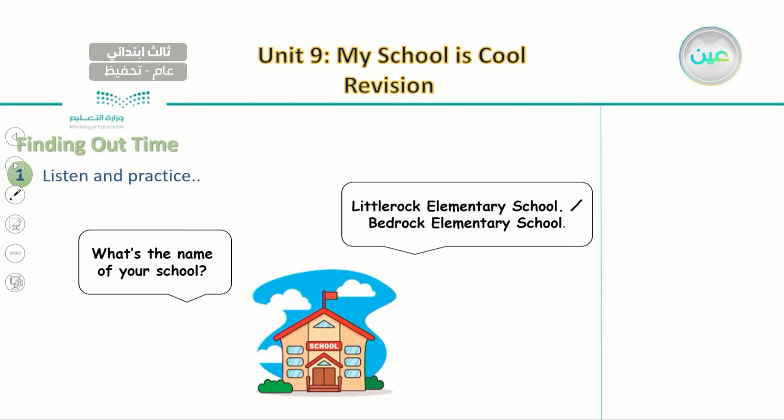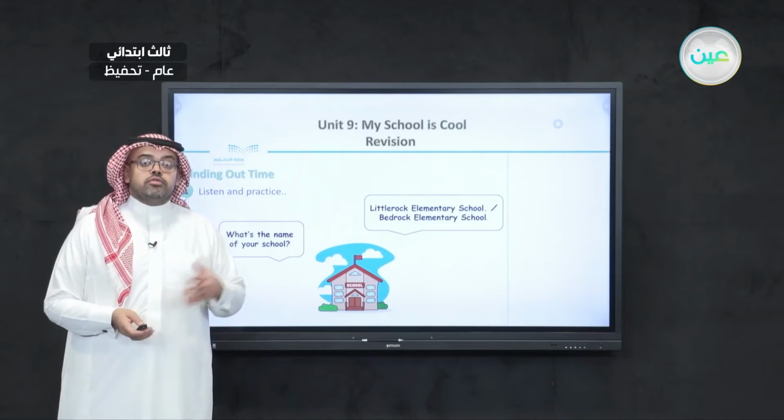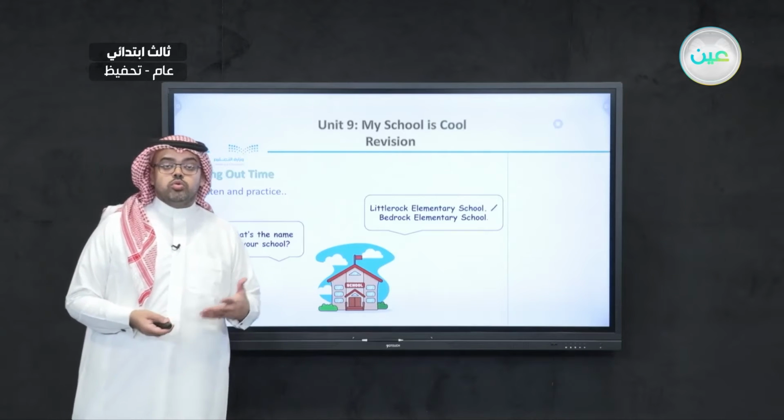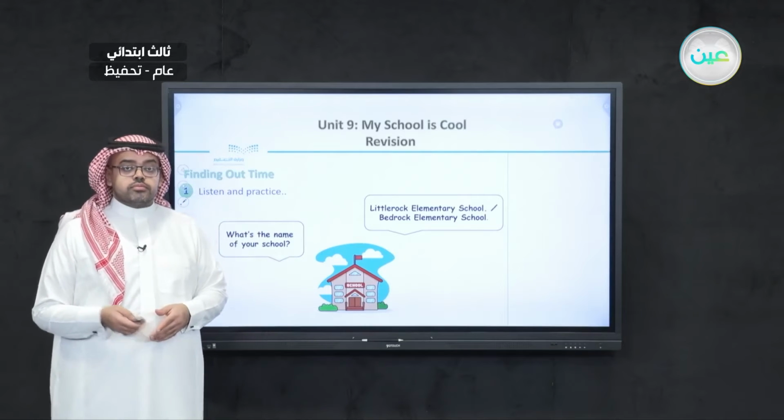When someone asks you this question, you can name your school like Little Rock Elementary School or Bedrock Elementary School, or you can say Riyadh Elementary School or Jeddah Elementary School. This will help you to know how to talk about your school.